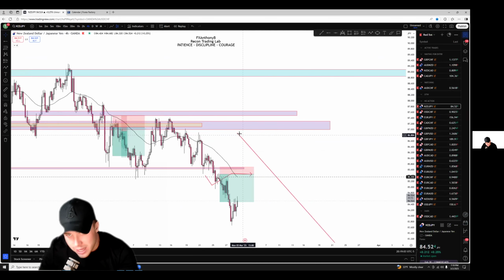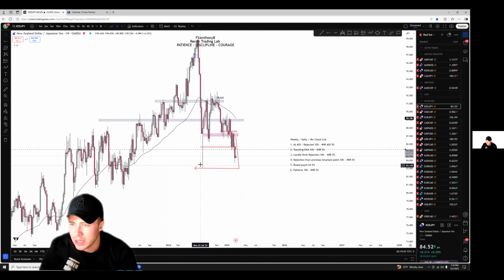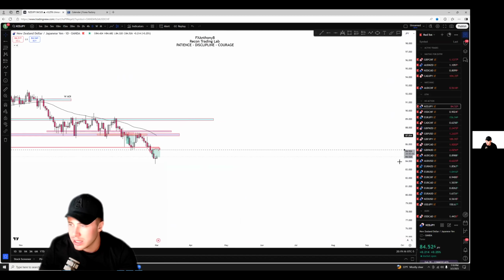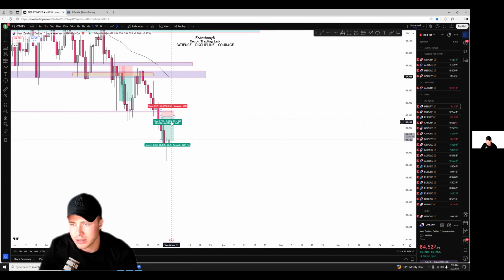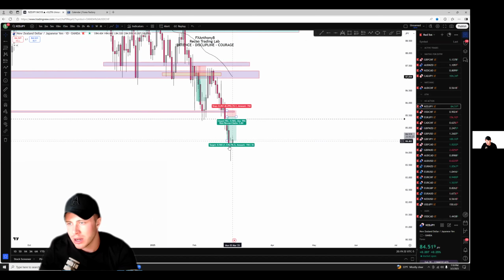All right, next one is NZD JPY. And you see, this is one of those that we want to fill this wick from last week. We had the sells set up, but our entry never came in and never triggered. I can see it does look like it did trigger, but it did not trigger for us. We do have a morning star formation here.